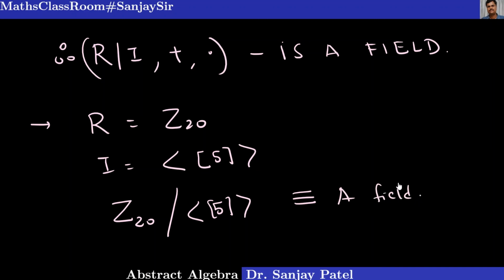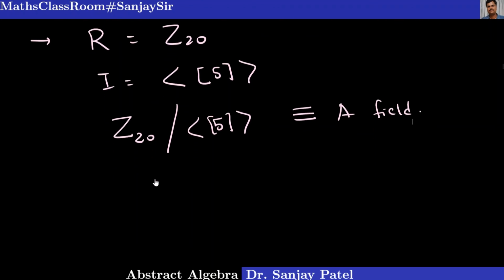Okay. You can take some other ideal in the ring Z20 and verify that the ring Z20 mod that ideal need not be a field. I am giving a small exercise to check that in this case it is not a field.